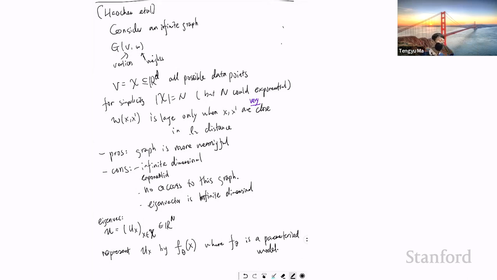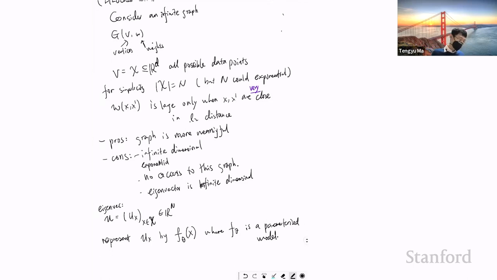You don't have to specify all the capital N numbers; you only have to specify theta to describe this eigenvector. Of course, if you believe that f_theta is powerful enough, then you can express any vector. It probably wouldn't be enough, so you have to assume that neural networks can represent these kinds of eigenvectors. But under that assumption, you can at least represent the eigenvectors by theta.